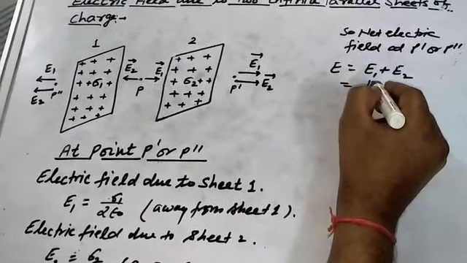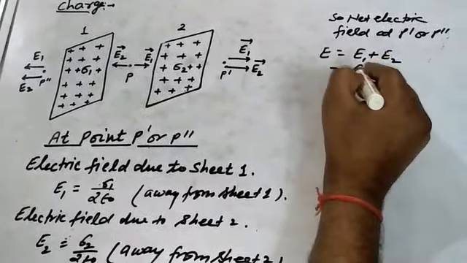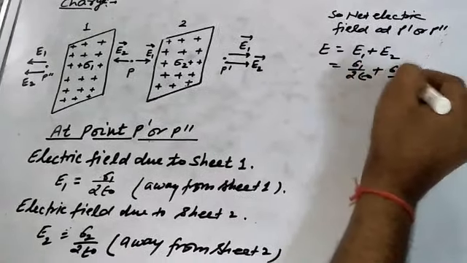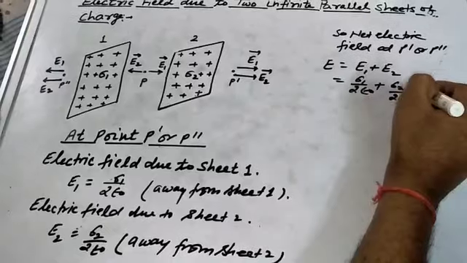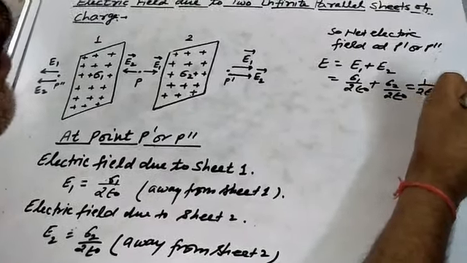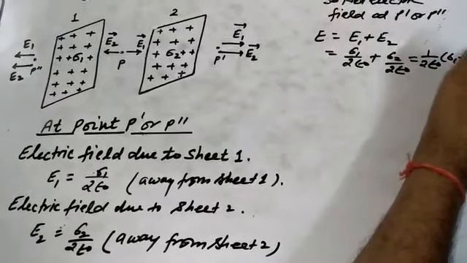This becomes sigma 1 upon 2 epsilon naught plus sigma 2 upon 2 epsilon naught, which is 1 upon 2 epsilon naught times sigma 1 plus sigma 2.